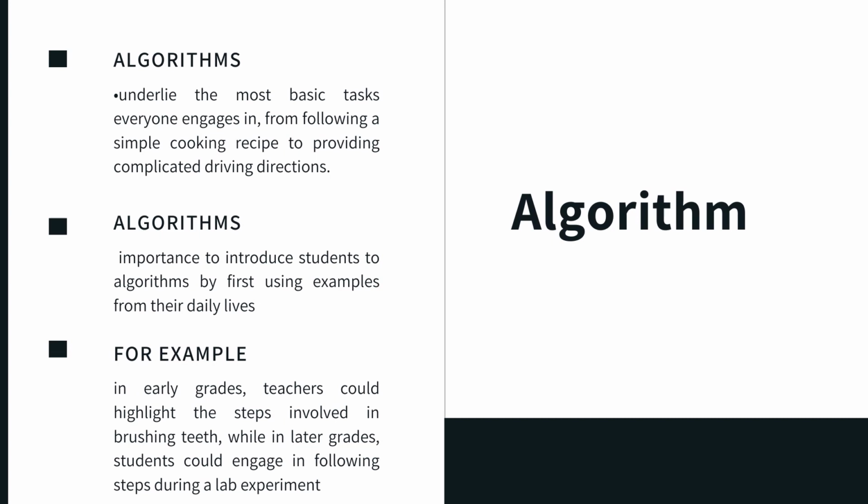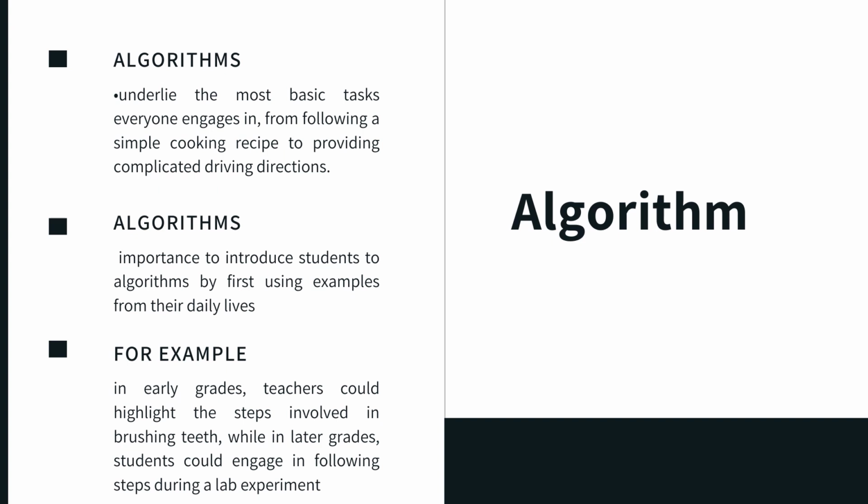All right, so our last key concept here is algorithm. Algorithm is actually a step-by-step process to solve a small problem. Algorithms underlie the most basic tasks everyone engages in, from following a simple cooking recipe to providing complicated driving directions.